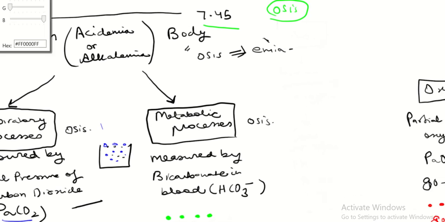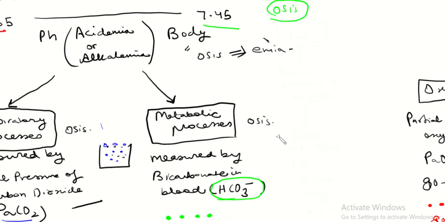What did we measure when we were measuring the respiratory side? We measured the carbon dioxide. What do we measure when we are measuring the metabolic side? We measure bicarbonate, written as HCO3 negative.